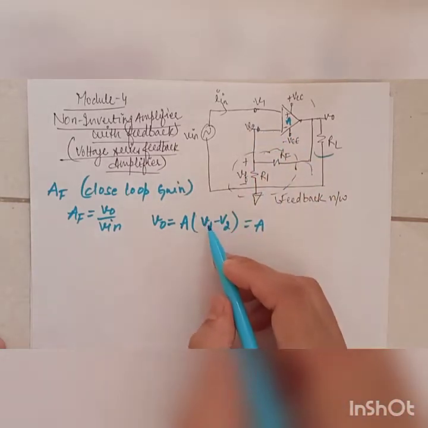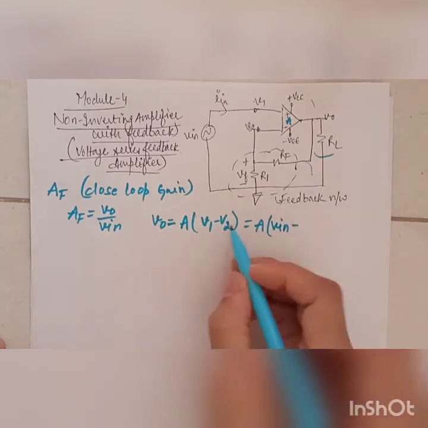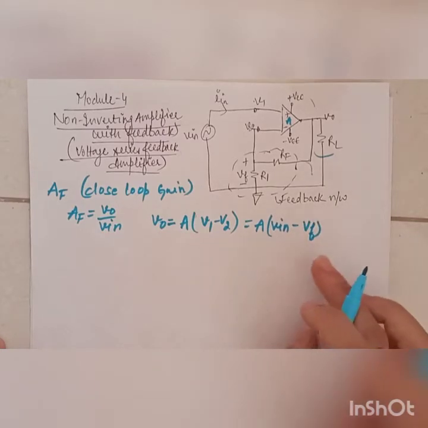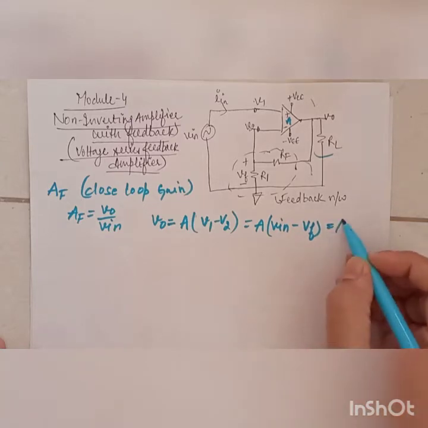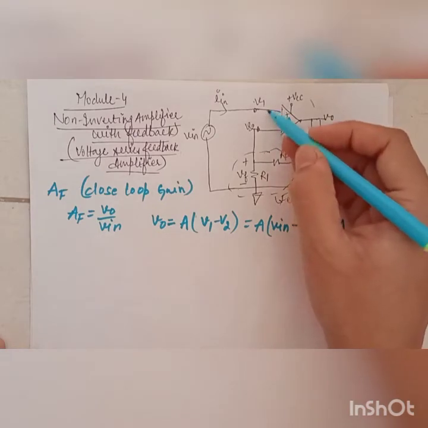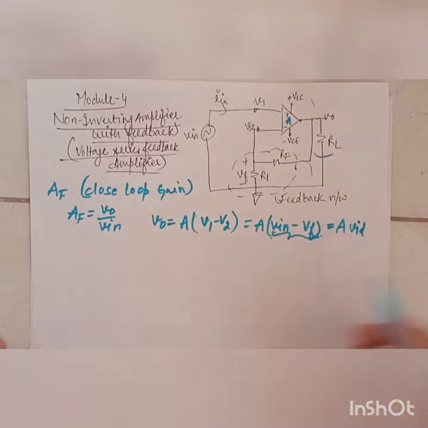So I can write Vin in place of V1, and in place of V2 I can write VF. This is the other way of writing this. Now I can call this A times VID, because V1 minus V2 is also called VID. So I can write this as VID, also Vin minus VF.